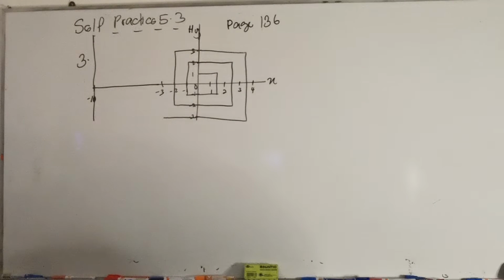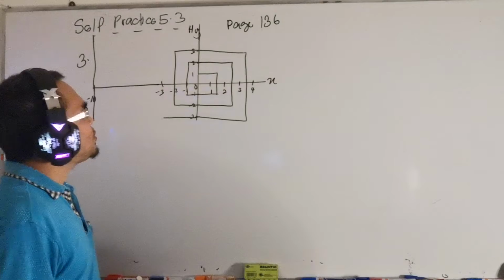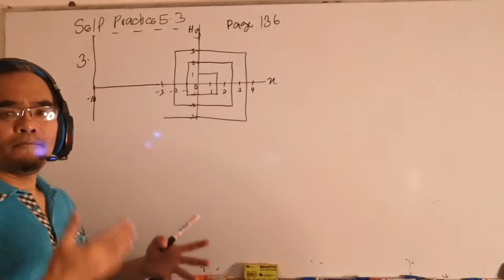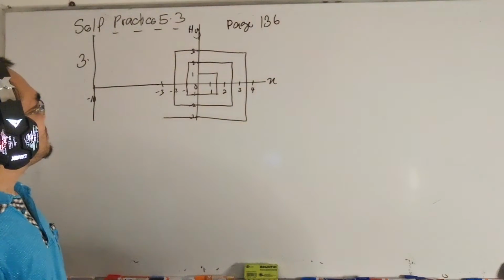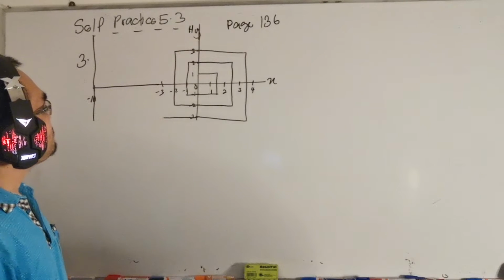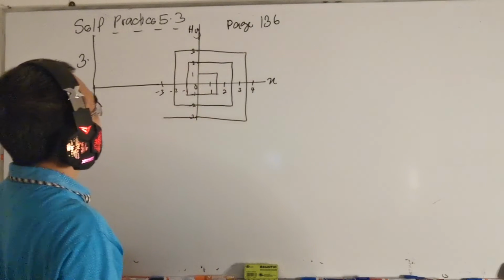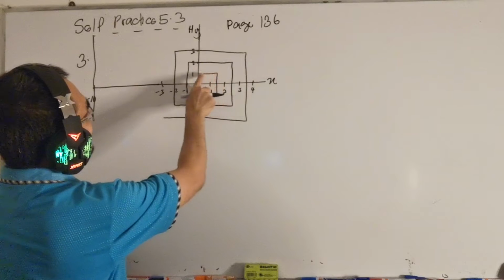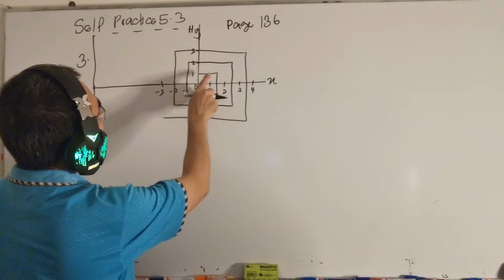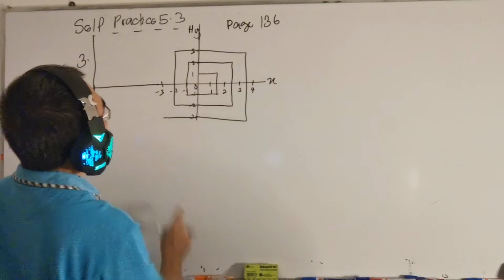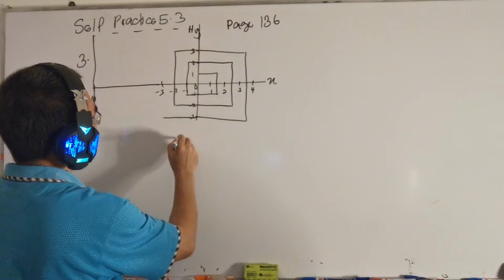Is it possible for us to calculate one by one? Why not? What is the length of this line? It is 1.5.